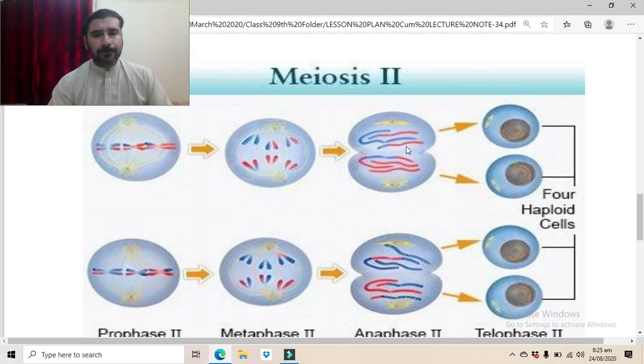In the telophase stage, the chromatids will reach their respective poles, and then cytokinesis will occur and the infolding, this cleavage, will occur between the 2 cells, and as a result, this one cell will be divided into these 2 cells, and this one will be divided into these 2 cells. So as a result, 4 cells will be produced, and these 4 cells now have half the number of chromosomes, and that is 23.